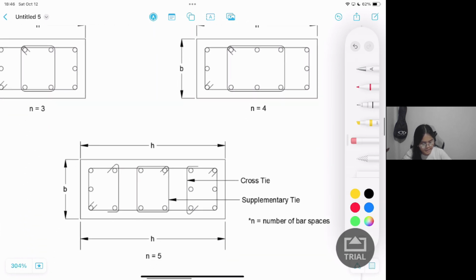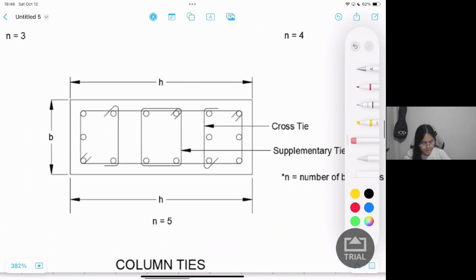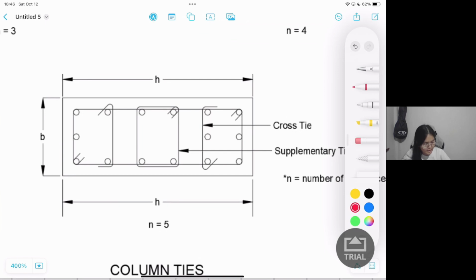Okay, so for example, meron tayong sample dito. Ang cross tie, ito siya guys. Itong single bar na to. Okay? Pwede din itong isa. Yan. Meron siyang 135 degree at the other end, and then meron siyang 90 degree at the other.